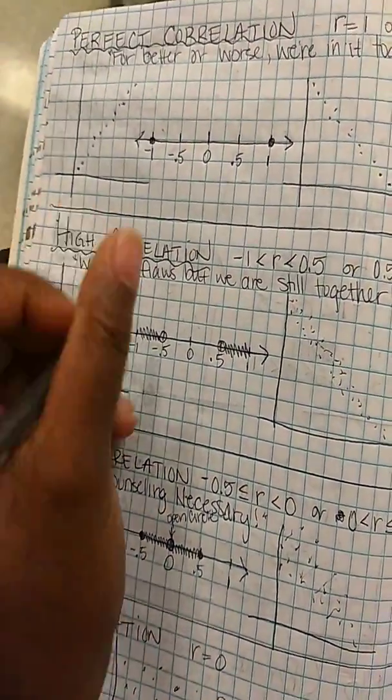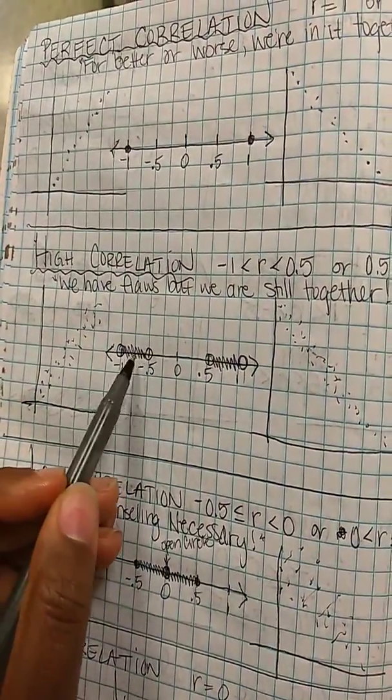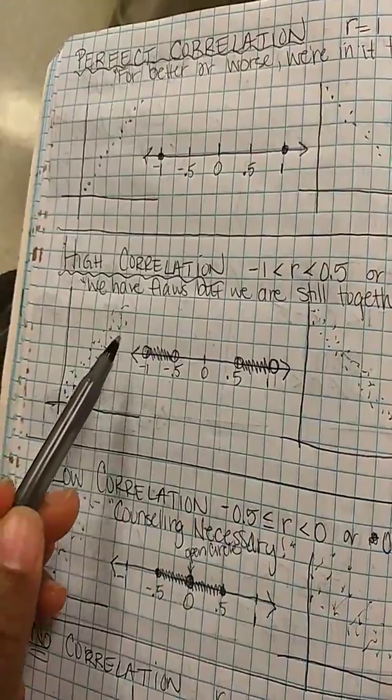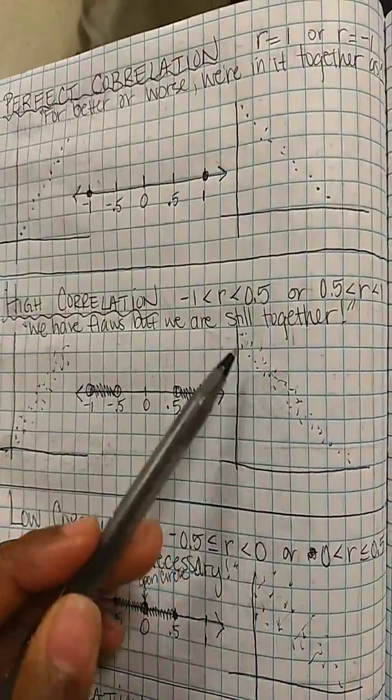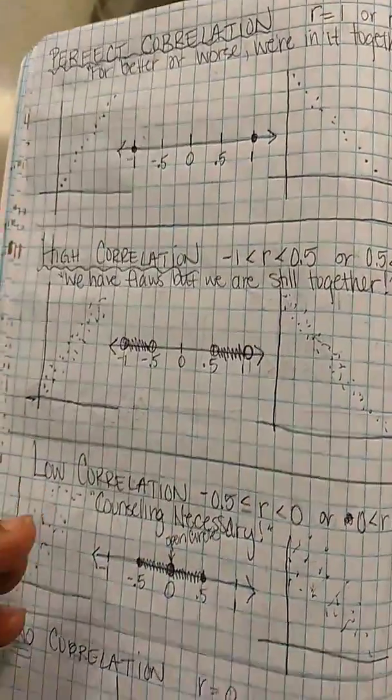And if I was more responsible, I would have open circles here, because remember, open means it does not equal. Then here's a little visual example of a high correlation, whether it's positive or negative. Remember, it doesn't matter, but they're still kind of close.